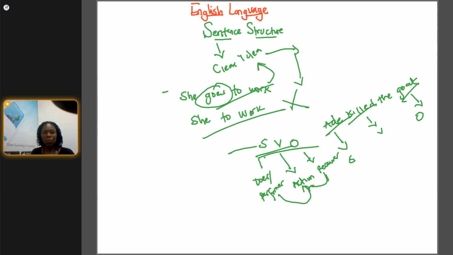The person or the thing that is being talked about in a sentence is your subject. Verb is always the action, while object is always the receiver of an action. So your sentence usually comprises your subject, your verb, your object to make a clear meaning.